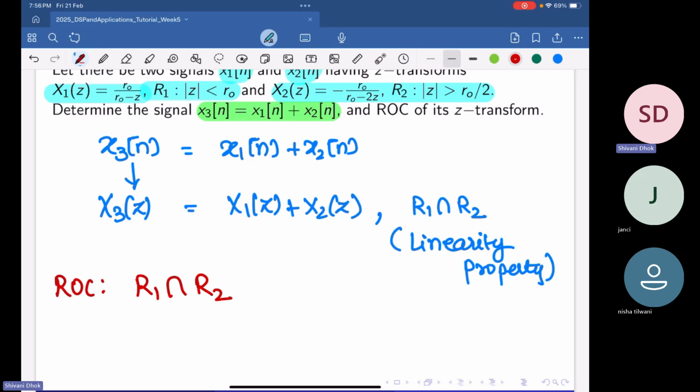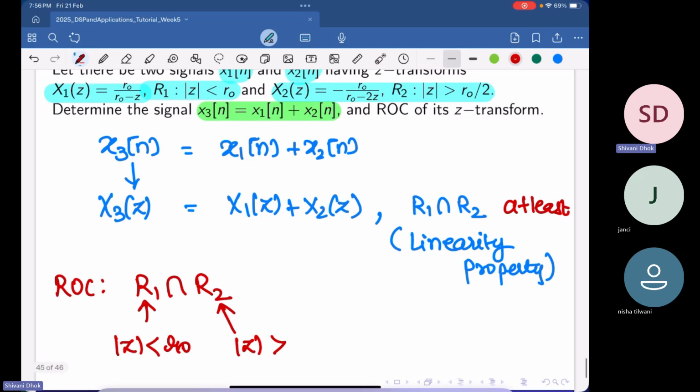Okay, and so basically this is at least. This will increase if there is any pole-zero cancellation. We'll figure out if there is any pole-zero cancellation or not. So this R1 is magnitude of z less than R0 by 2, and this R2 is magnitude of z greater than R0 by 2.